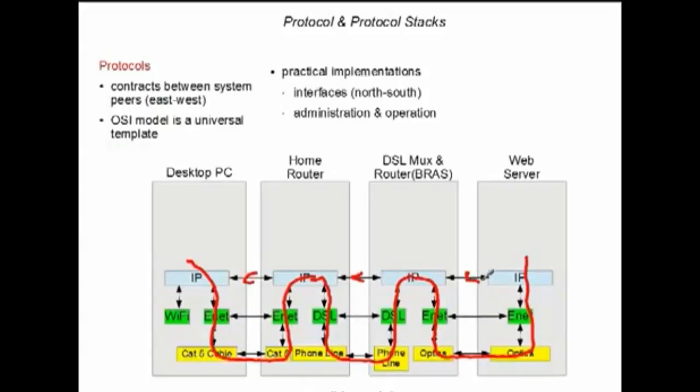Another point worth making is that the IP layer is the only layer where true switching takes place. The link layers, like the Ethernet layers, are point-to-point. The DSL phone lines terminate on a particular multiplexer, and there's no opportunity to switch that to another multiplexer.